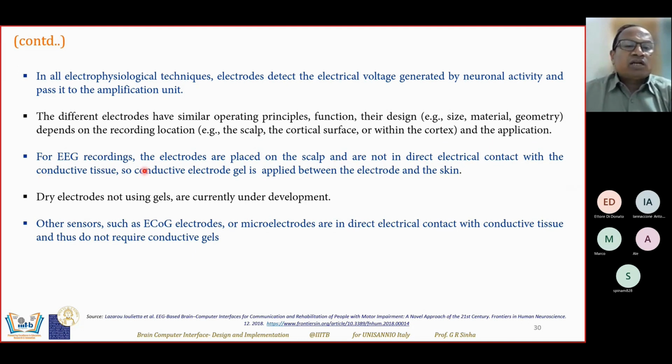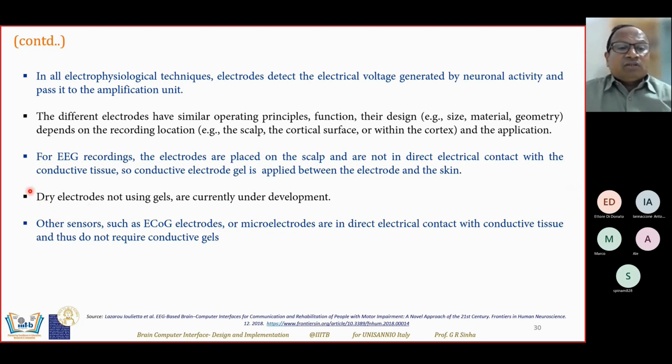With conductive tissue, so the conductive electrical gel I was talking about. This gel is applied between the electrode and the skin so that the conducting path is established and you can get the signal. Dry electrodes do not use gels, and they are currently under development. There is research on dry electrodes, but without a conductive interface it's very difficult to get the signal, so development activities are still going on for implementation of dry electrodes.